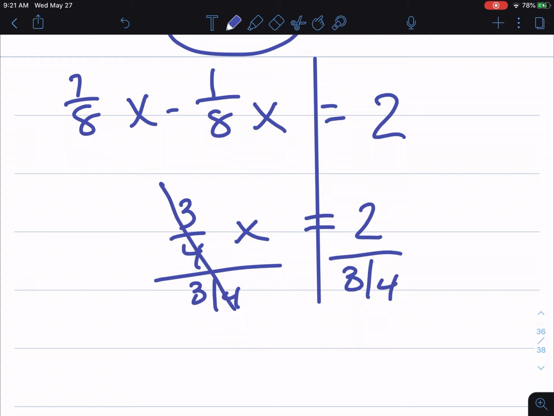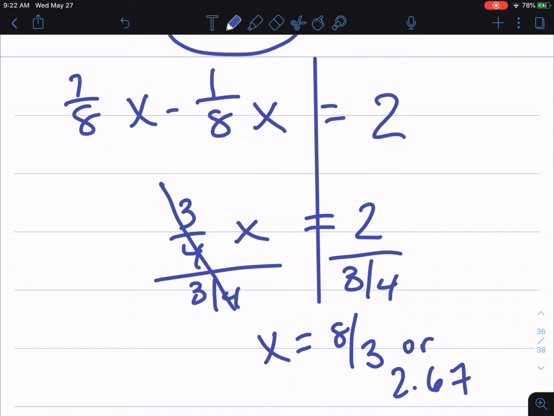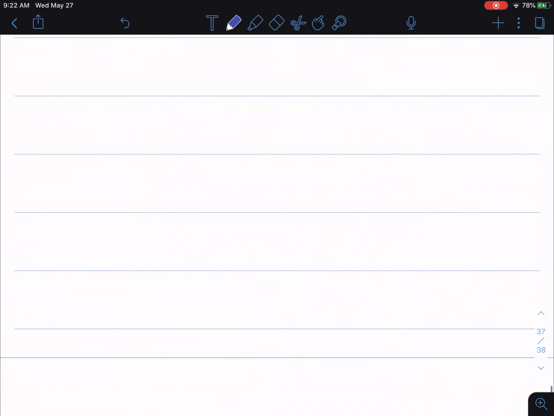These will become invisible 1, so I'm just going to write x equals, I'm going to plug into my calculator, 2 divided by 3/4. Probably you'll get something like 8/3, or you might even get 2.67. I'm going to round to that. And there you go.